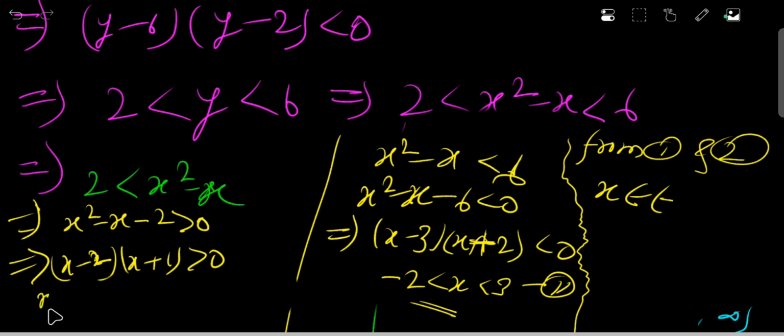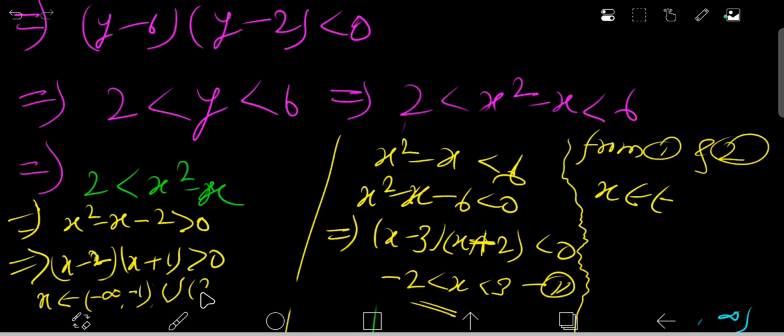When it is less than, it is between. So x belongs to minus infinity to minus 1 in an open interval, union 2 to infinity.